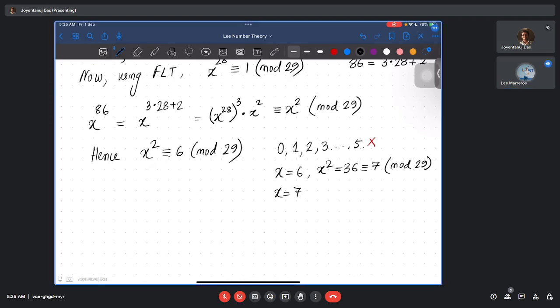Next, if I put x equals 7, then it is 49, and it is congruent to how much in modulo 29?